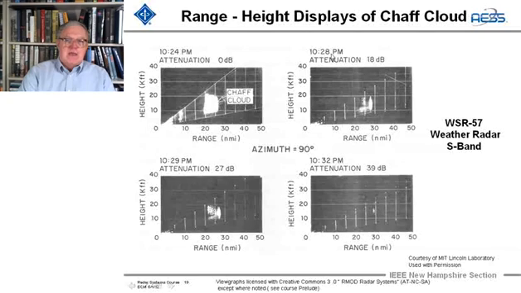And 4 minutes later, at the same angle, an azimuth of 90 degrees, we see, with 18 dB of attenuation, we still see a chunk of chaff, 27. And to get rid of all the chaff, you had to put in about 40 dB of attenuation. And that's, we took it with an S-band WSR-57.